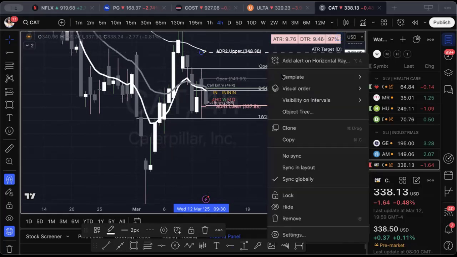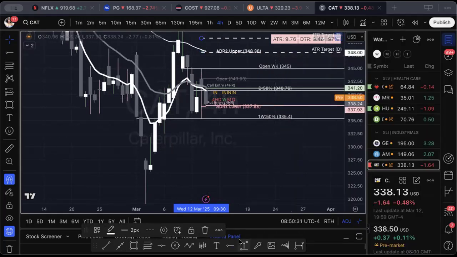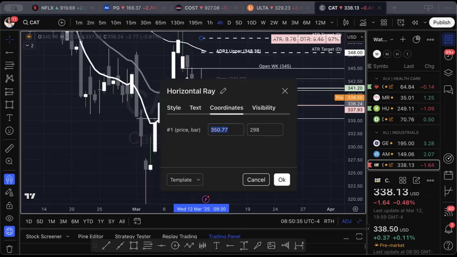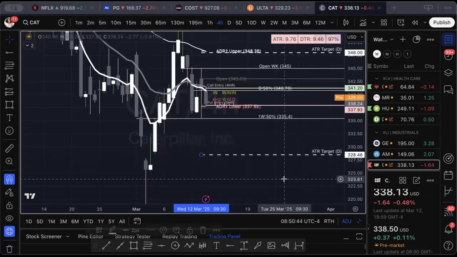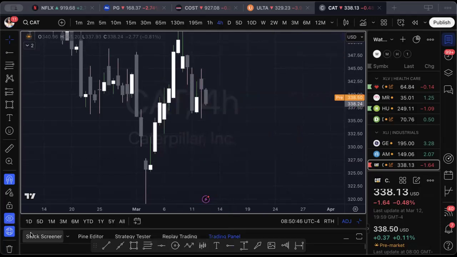Now, we do not have to go all the way down there. It just means that if we did nothing but drop, that is where we could actually go. And now we can map out our price targets.